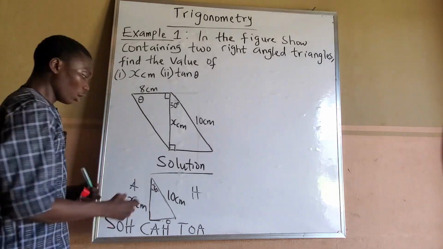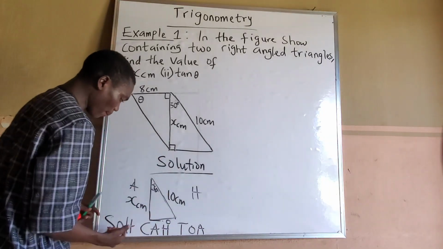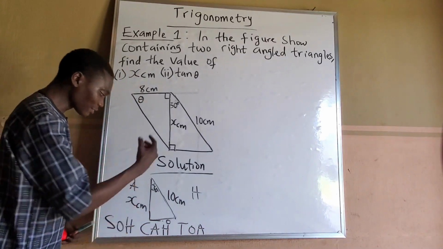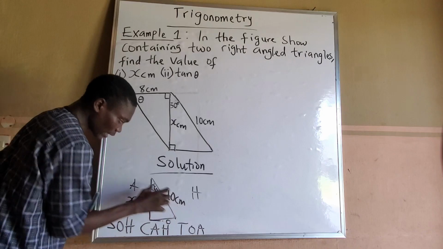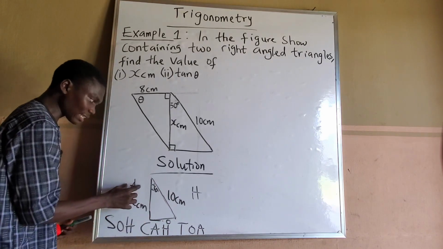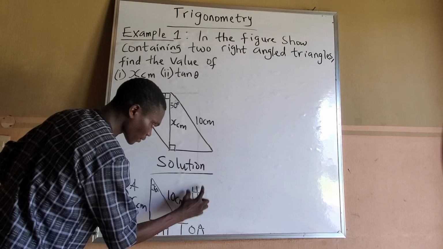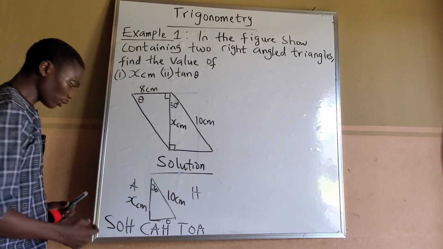So to get the value of this X, look at the formula among these three stated here that relates this X, this side, and this angle together. Look at the formula that combines adjacent and hypotenuse together.